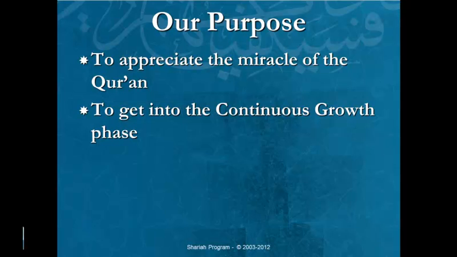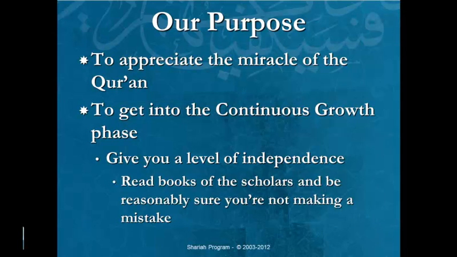You're confident and you understand what the scholar is saying, what the author is saying. Okay? So reading the books of the scholars, being able to access the books of Imam al-Ghazali and Ibn Taymiyyah and the Tafsir scholars, this is all part of our purpose, and many of our second year students are able to do that at this stage right now. So that's what we want for you, inshallah.